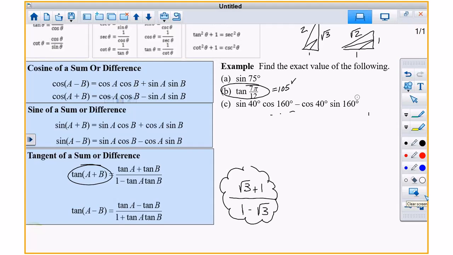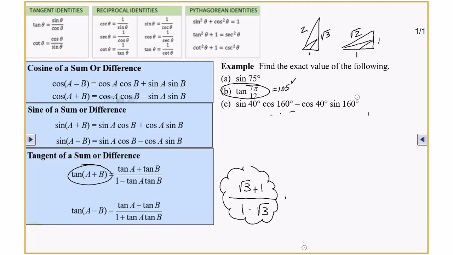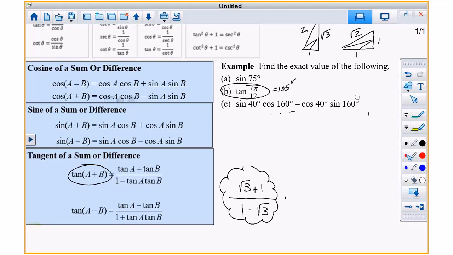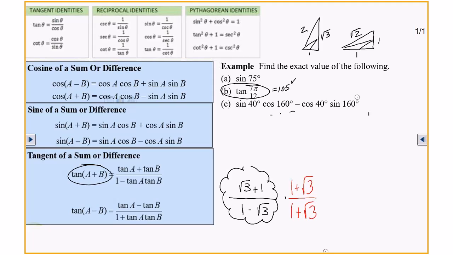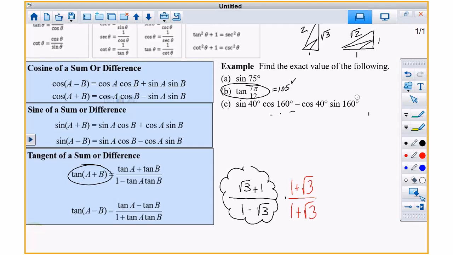Okay, so that's not finished, so I'm going to multiply by the conjugate of 1 minus the square root of 3, which is 1 plus the square root of 3, over 1 plus the square root of 3. That gives me shortcut number 2 on the bottom, 1 minus 3, which is -2. That's right, class.